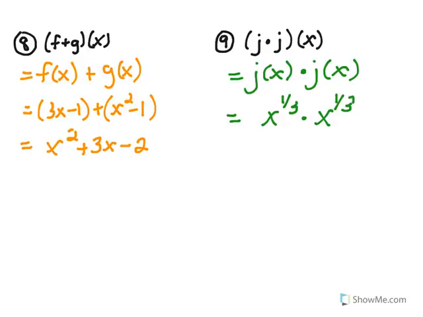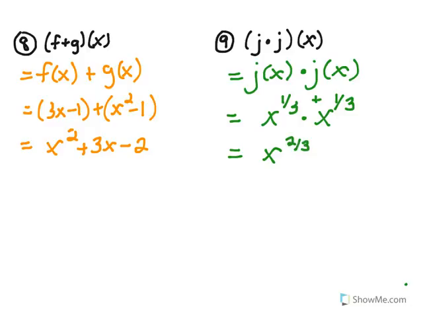Now who remembers what you're supposed to do when you are multiplying bases? Do I add the exponents, multiply the exponents, or subtract the exponents? We are going to add these exponents together. 1/3 plus 1/3 is going to give me x to the 2/3.